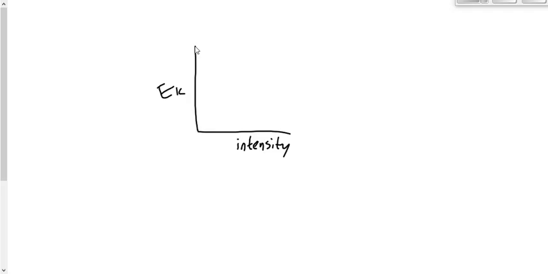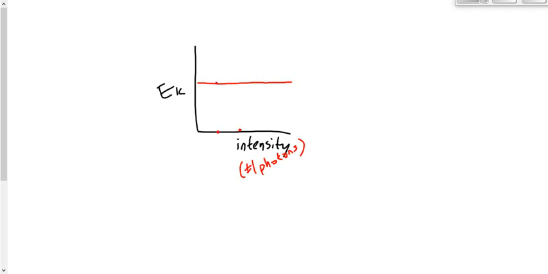How about this? Anybody tell me why the graph would look like this? Yep, Spencer? Yeah, the intensity is the number of photons. So I've got 1 photon. Is an electron ejected? Well, it looks like in this case it is.